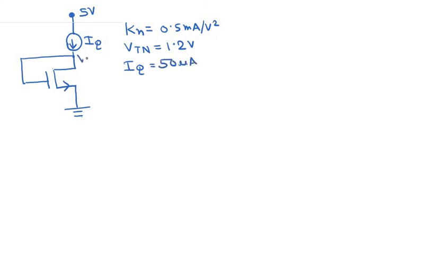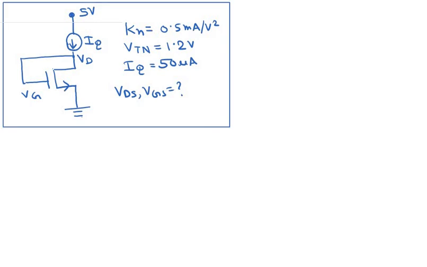This point is the drain, so we have the drain voltage here and here we have the gate voltage. And you are asked to find out the value of VGS and VDS just like the previous problem. So VGS equal to question mark. Now in this case we see that the gate and the drain are shorted, connected with each other.